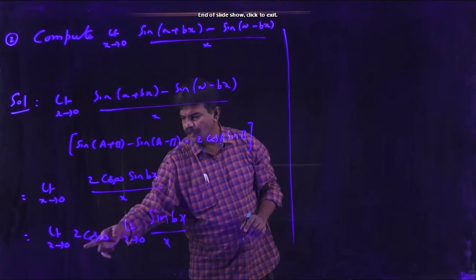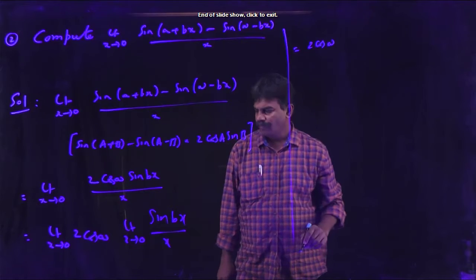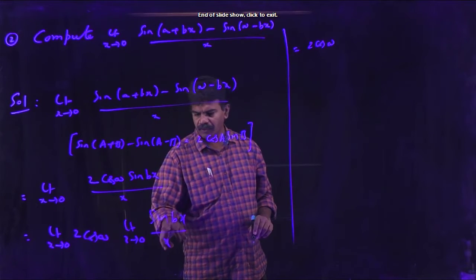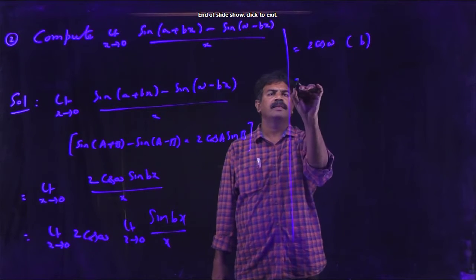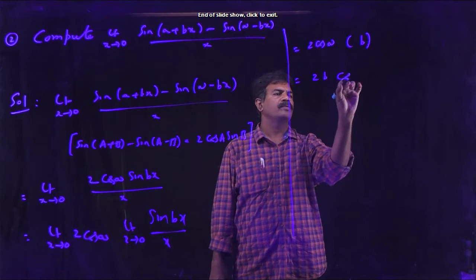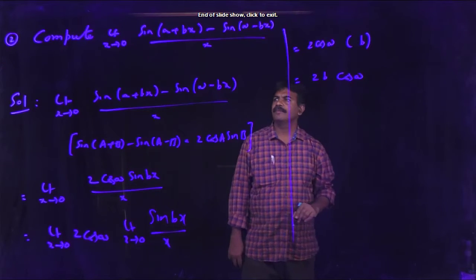Limit of 2 cos a, there is no change. Here limit x tends to 0, sin bx by x is b, so that is equal to 2b into cos a. This is the limit value of the given function.